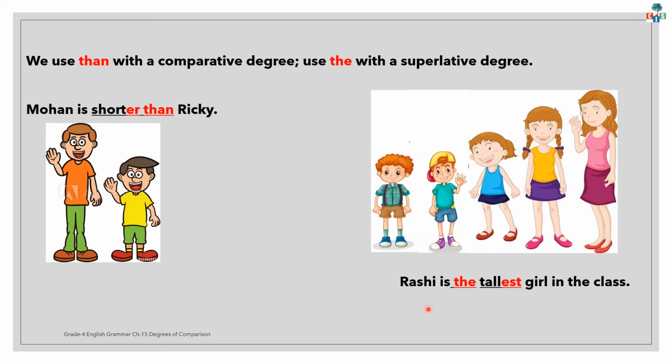For example, Rashi is the tallest girl in the class. Here, tallest is in the superlative degree. So, with this superlative degree, we will use the word the. It is used before the superlative degree and than is used after the comparative degree. Understood?